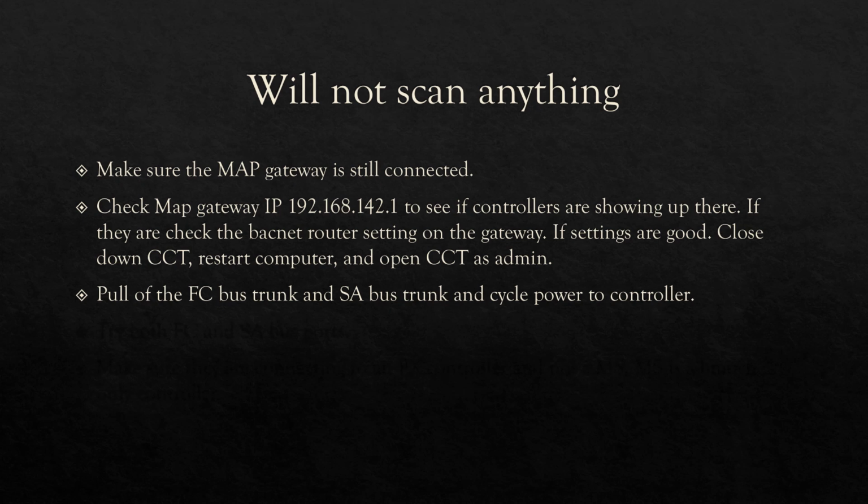So basically pull the blue plug or the orange plug and the brown plug off of the controller and try hitting it that way. Try both the FC bus and SA bus. I have had an instance where they were swapped on the controller itself. It came from the factory with the FC bus and the SA bus swapped on the RJ11 side.